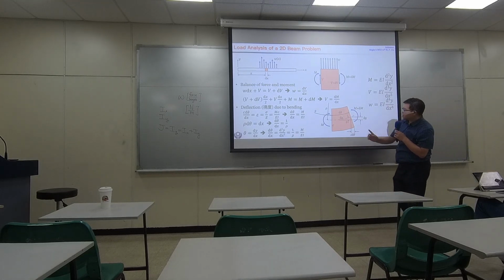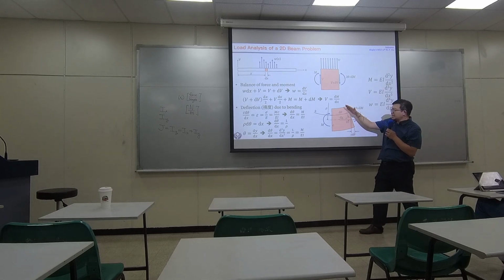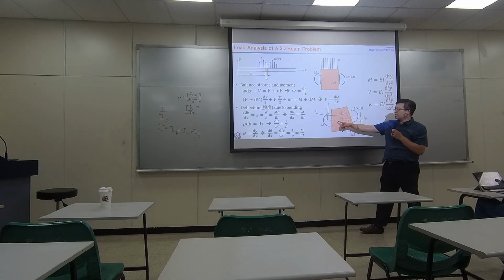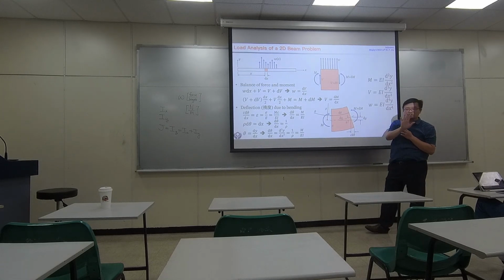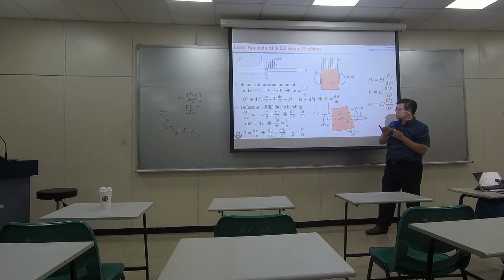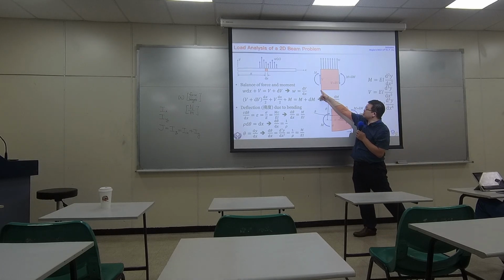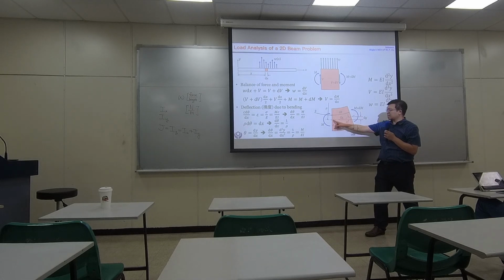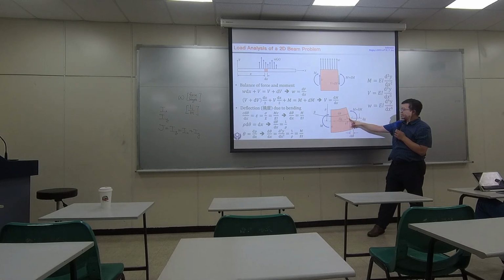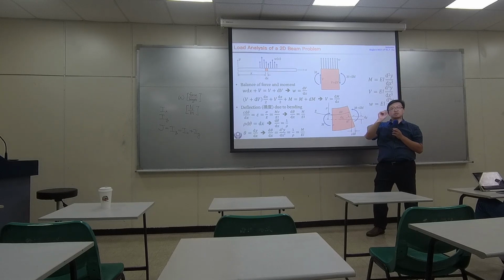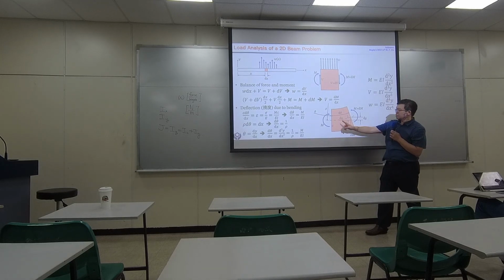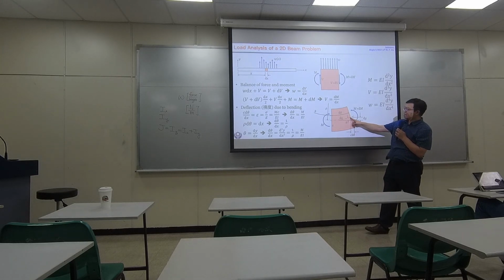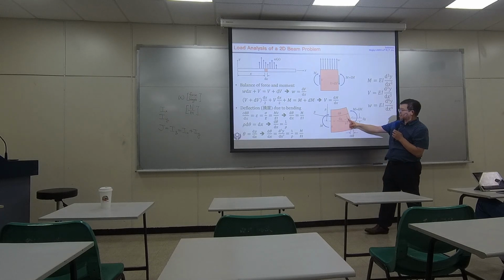Because this is being bended, only at the neutral level is there no length change. So originally, this is dx. Even after bending, we assume at the neutral plane there's no length change. That's why this arc remains dx.